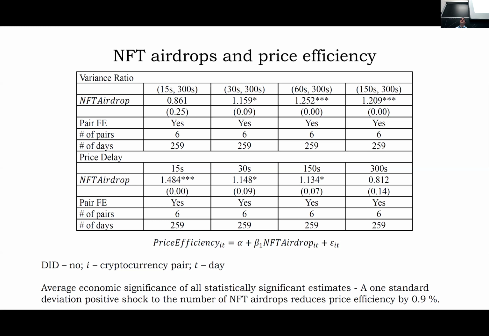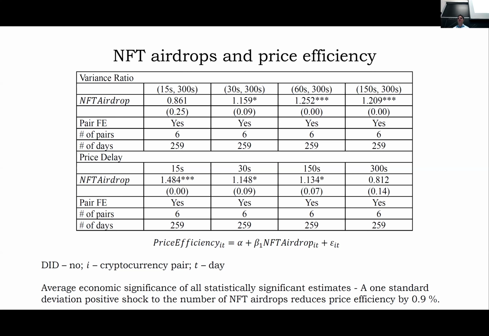I see, so backward looking because you're saying I look at the airdrops over the day, right? And you're saying this might lead to a change in the price efficiency. Yeah, that's a good point. I have to think about that. I agree that there might be some backward-looking bias that is maybe driving the results.